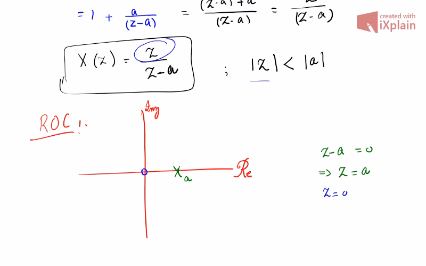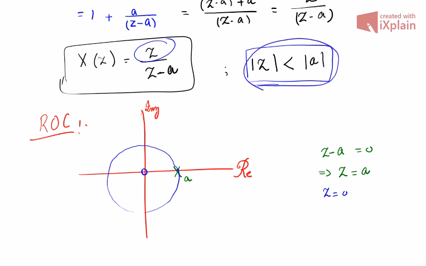And from this condition, the absolute value of z less than a means that if I draw a circle with a radius equal to a, something like this, the absolute value of z less than the absolute value of a will be this shaded portion.